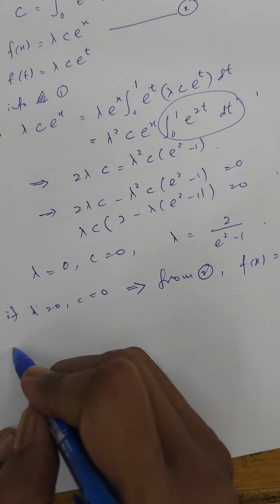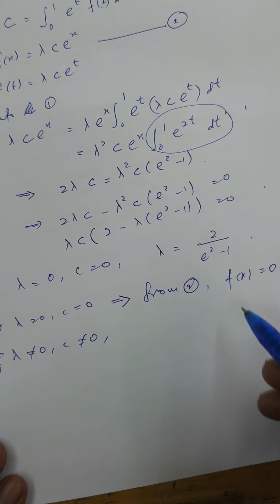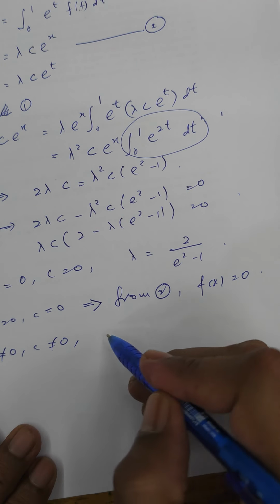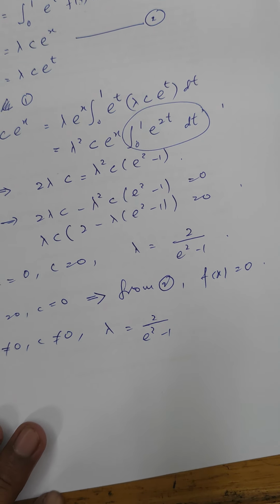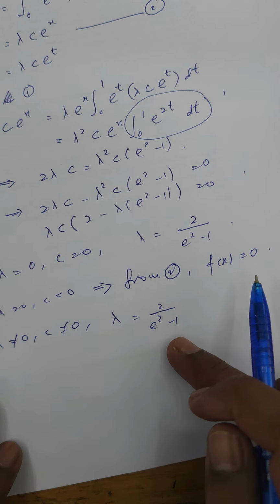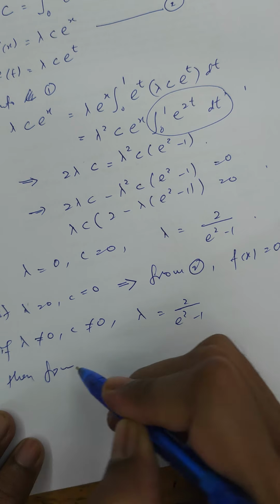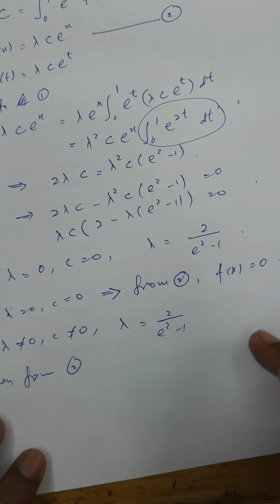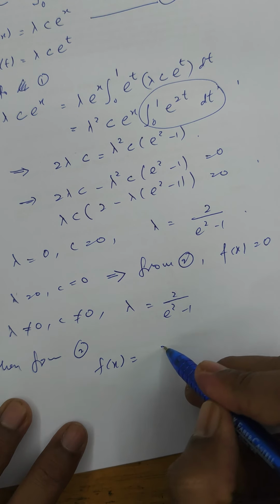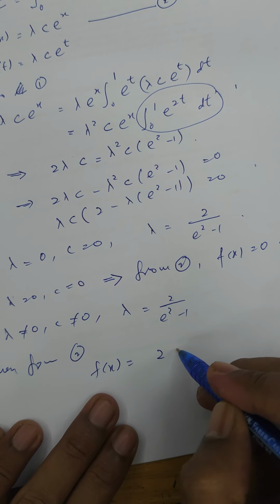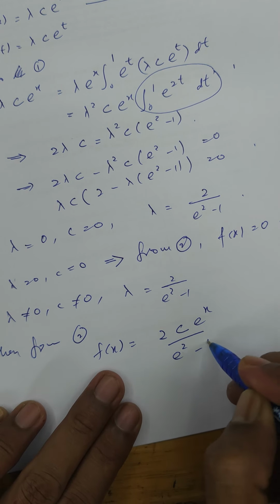Then if lambda is different than 0 and c is different than 0, then we have lambda equal to 2 over e squared minus 1. If you substitute this into 2, we have f(x) is equal to 2c e^x over e squared minus 1.